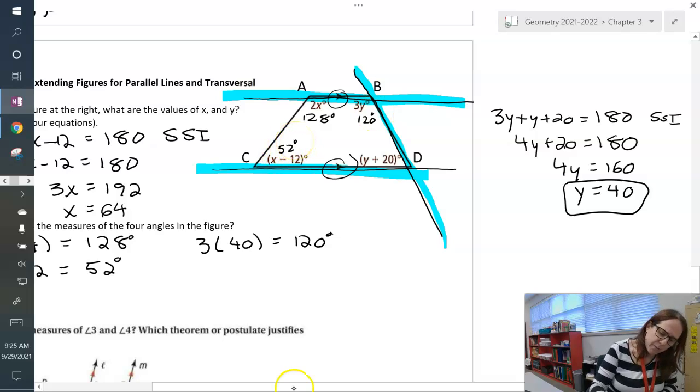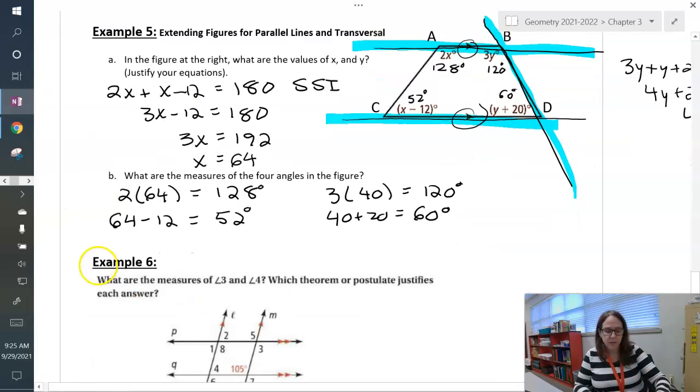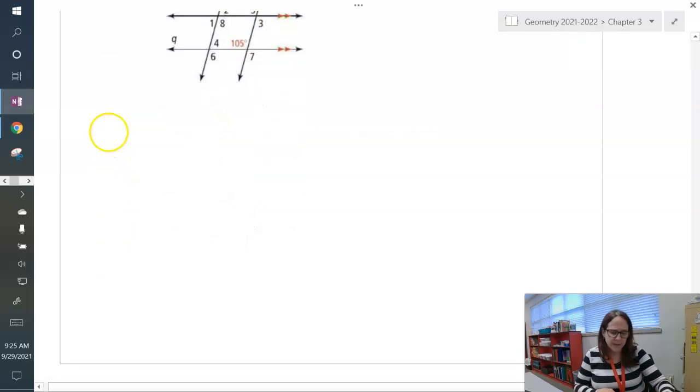And we have a y plus 20. So 40 plus 20 equals 60 degrees, so that is 60. Again, do your quick check. 20 plus 120 plus 60 equals 180. So that's correct.